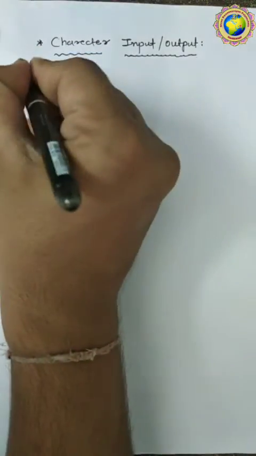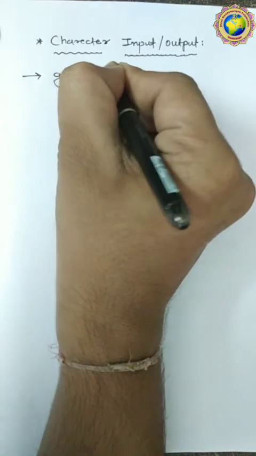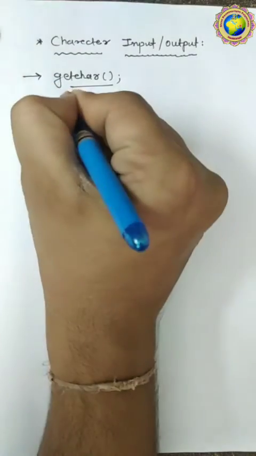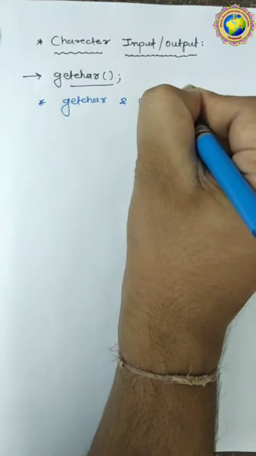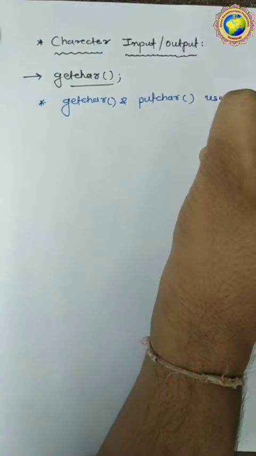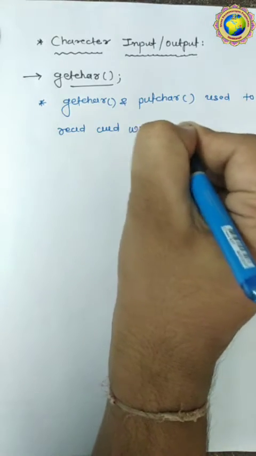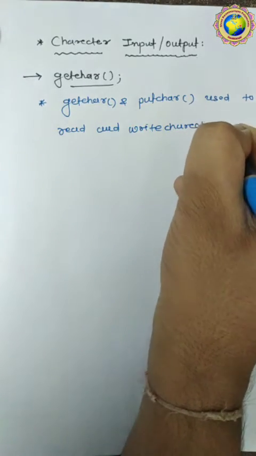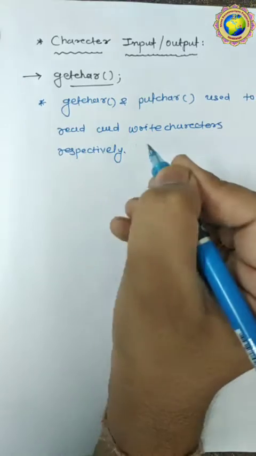First of all we talk about getchar. The functions getchar and putchar are used to read and write characters respectively.